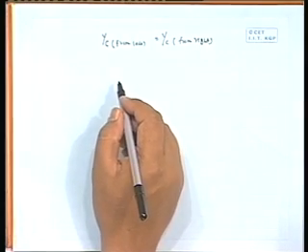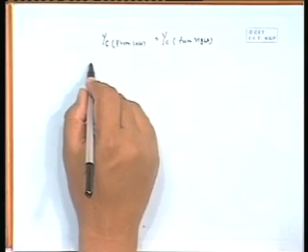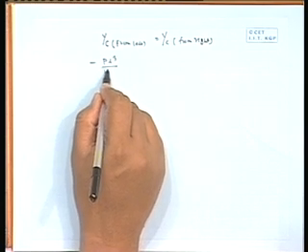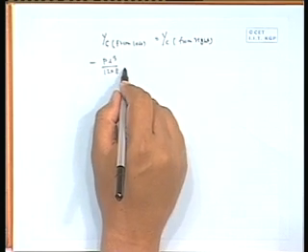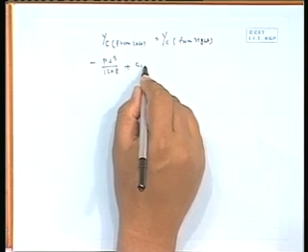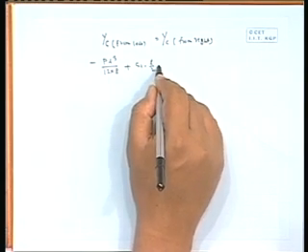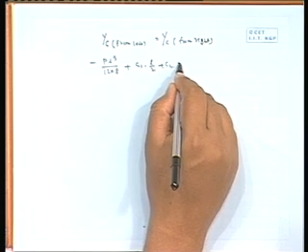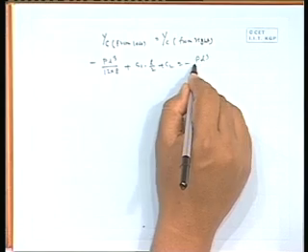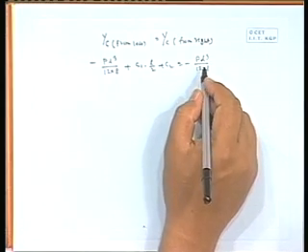So here we have the equation, it will be minus P L cube divided by 12 into 8, plus C1 L by 2 plus C2, equal to minus P L cube by 12 into 8.